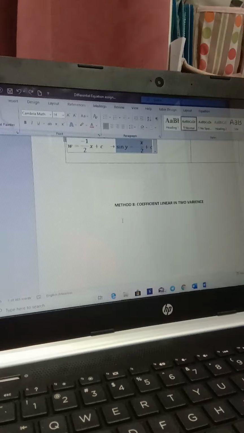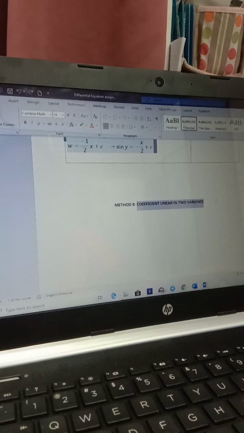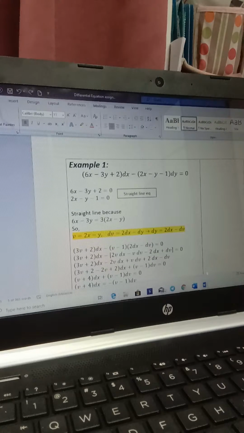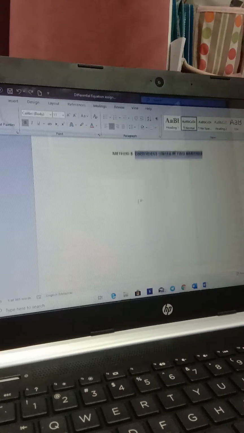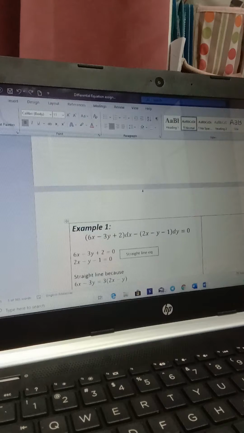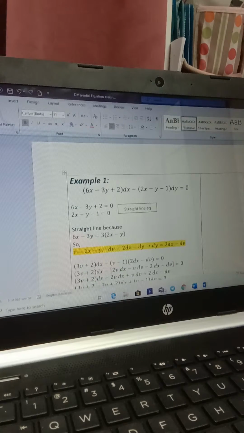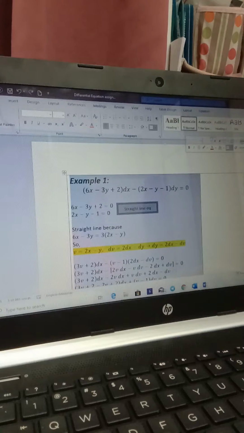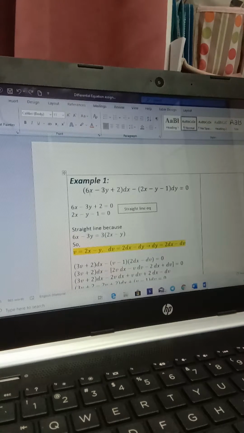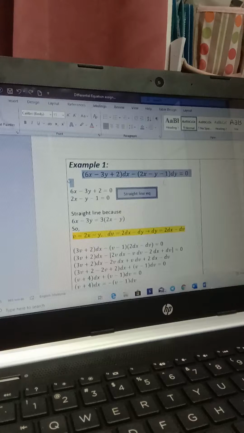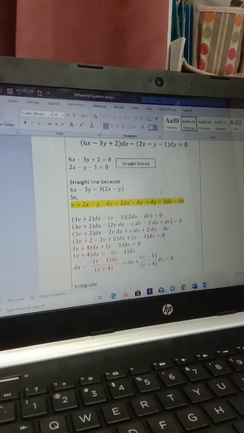Okay, the last method is coefficient linear invariance. For this one, it is like a graph. A graph has many types: a straight line, perpendicular. So example 1 is for the straight line equation.